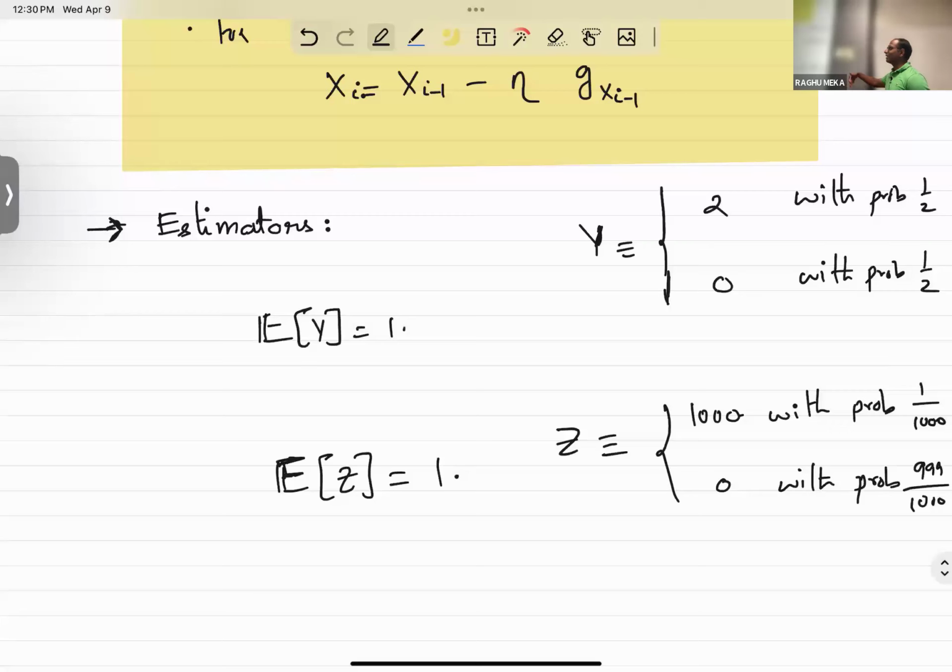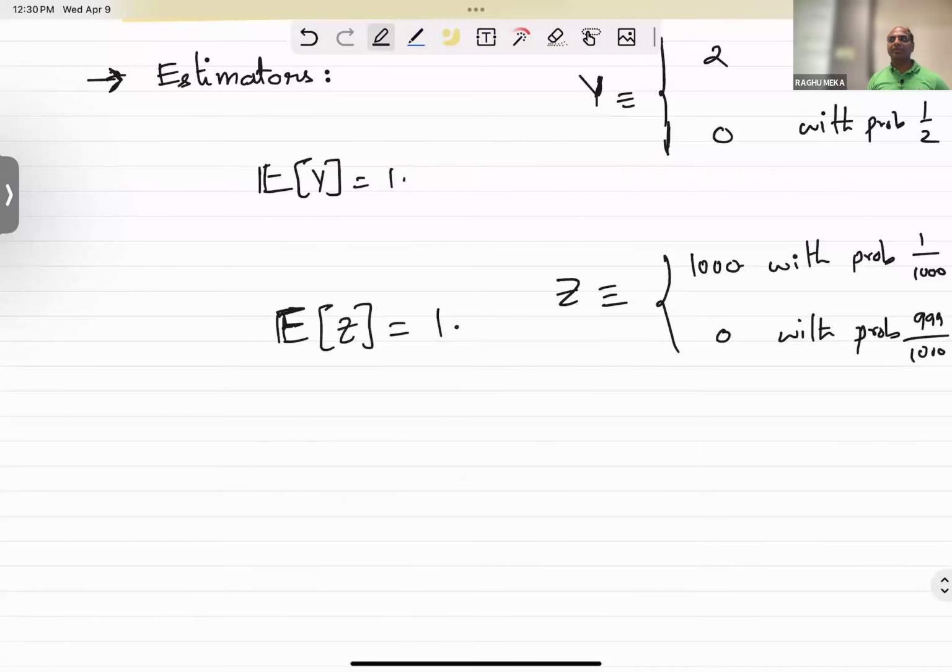Okay. Which is better between the two? The first one. That's a much better estimate, right? And the way we measure quality is by looking at the variance, right? And the same way, you can generalize the notion of variance to vectors as well.